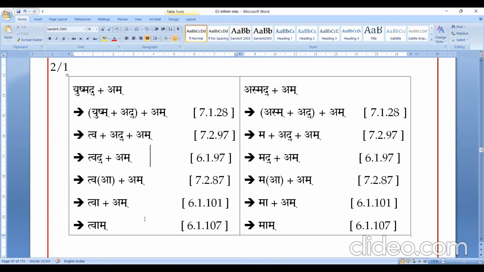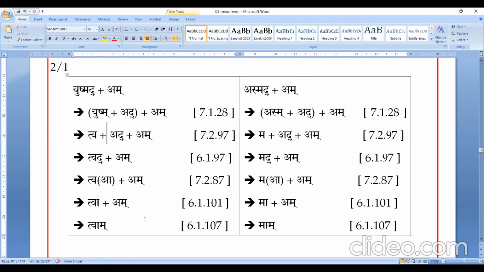Similarly, dvitiyayascha, by that, akara adesha happens in the place of anayoh, that is yushmadasmadoh. Akara adesha, by the paribhasha alontyasya, antyasya varnasya sthane, akara adesha. Therefore, shesha lopa doesn't apply.